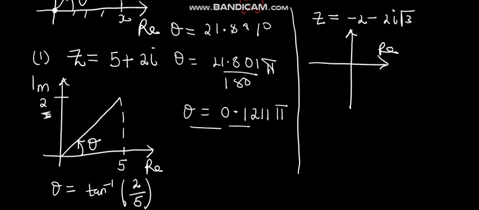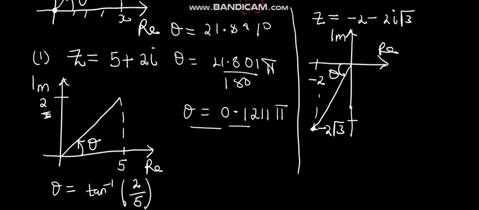This is the real and this is the imaginary. So now on the real axis we have -2. On the imaginary axis we have -2√3. So joining points we shall have our angle theta like that.